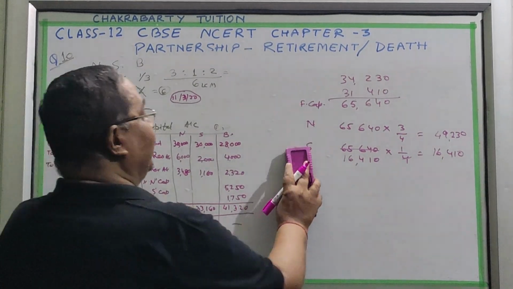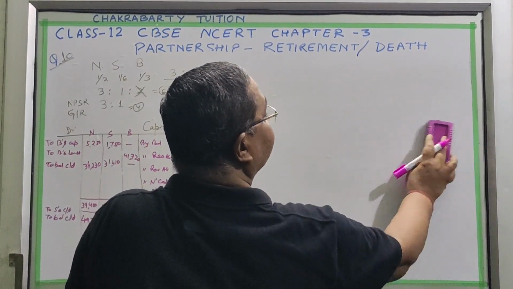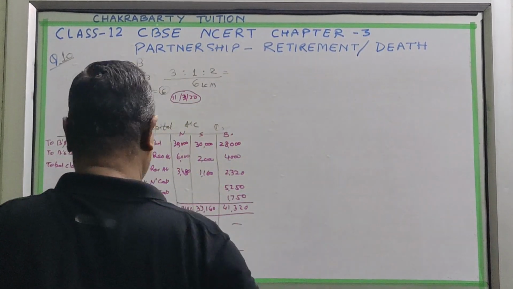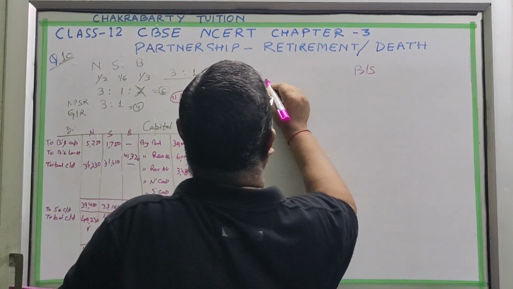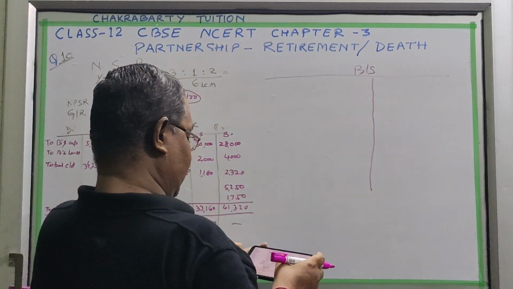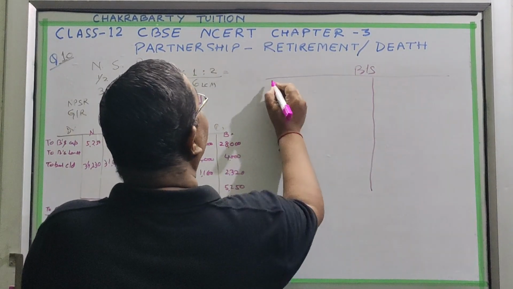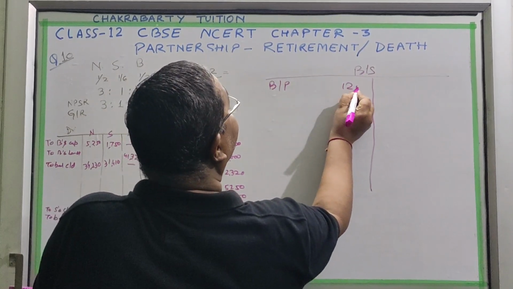Now they want the balance sheet of the new firm. Okay, so the balance sheet of the new firm we will prepare. Here you try to make the items in serial order. Bills payable, no changes. So 12,000 will come here.